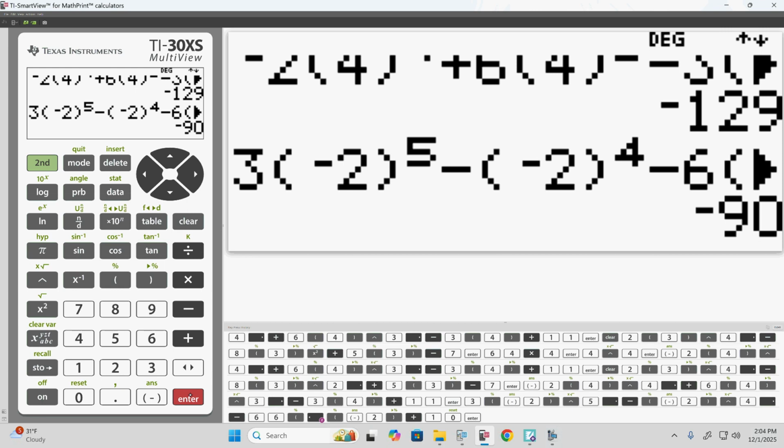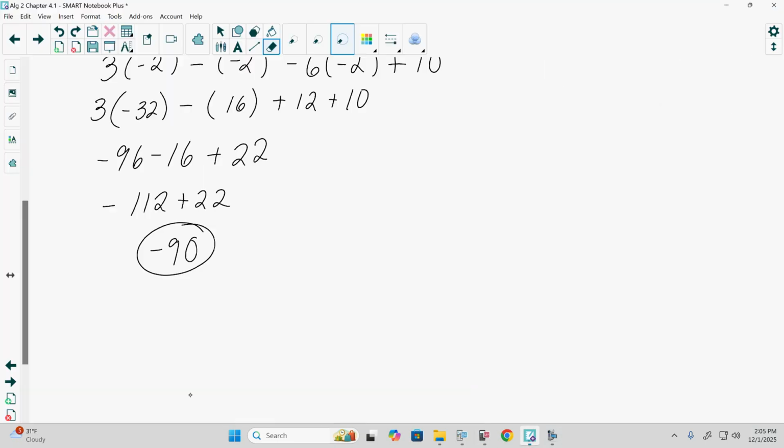So what you did, instead of putting the minus between, so negative 2 to the fifth minus that next term, replacing each one of those minuses as negatives, the calculator is going to say you're multiplying. So it has 3 times negative 2 to the fifth times negative, in parentheses, negative 2 to the fourth times negative. So it stuck a multiplication in between each one of those instead of subtraction. That's why the number got so big.